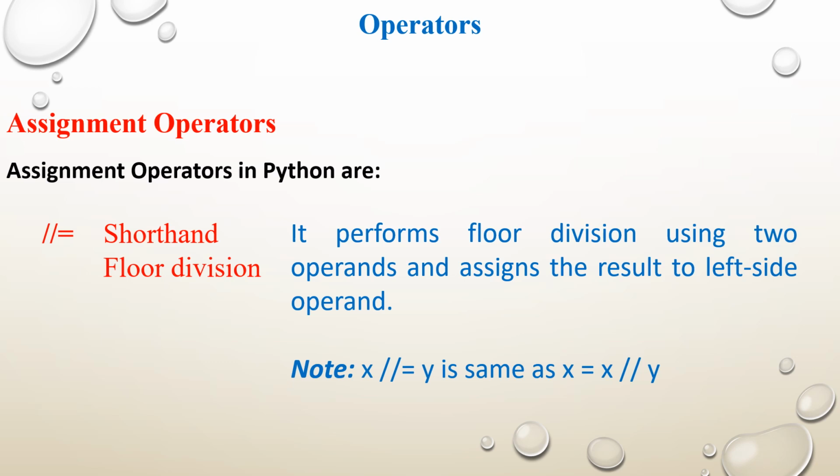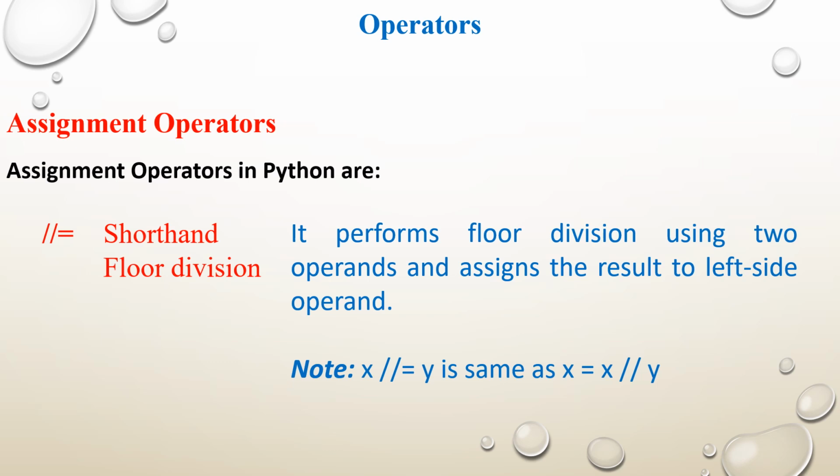For example, if you have written x //= y, and the x value is 5 and the y value is 2, that means 5 divided by 2, which is 2.5. In the case of shorthand division, it will return the answer as 2.5.